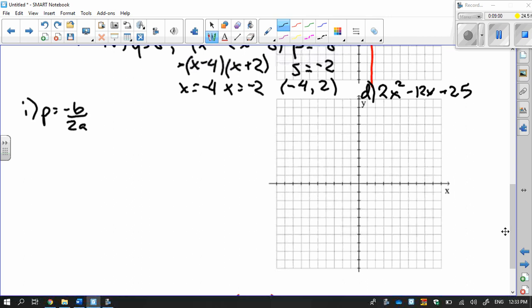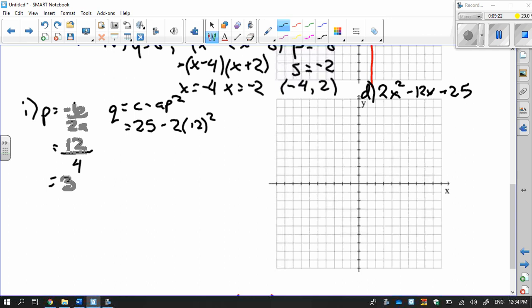Q is equal to c minus a P squared, which is 25 minus 2 multiplied by 3 squared, which is 25 minus 2 multiplied by 9. 25 minus 18 gives me 7. So we have a vertex at 3, 7.